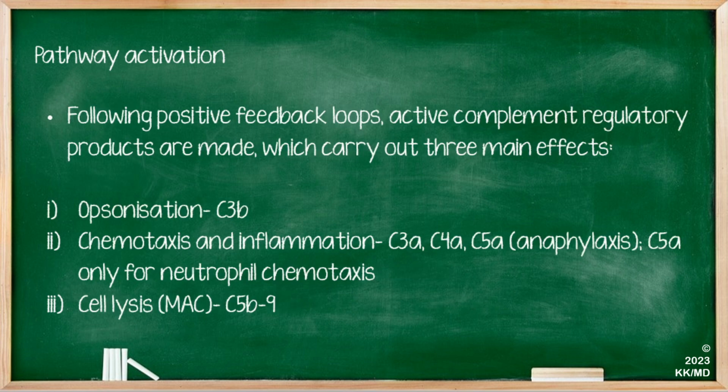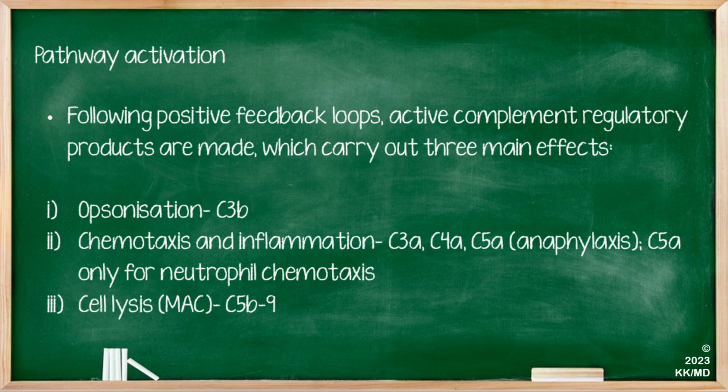As I previously discussed, following positive feedback loops, active complement regulatory products are made, which have three main effects. Number one is opsonisation, which primarily involves C3b.